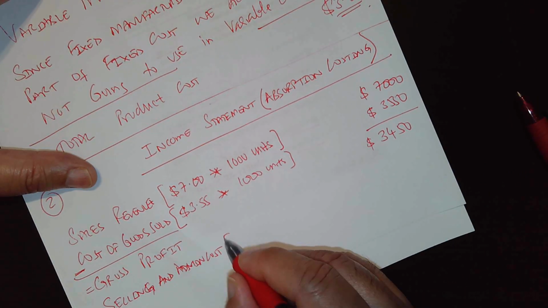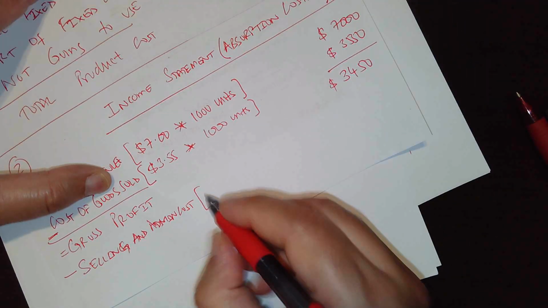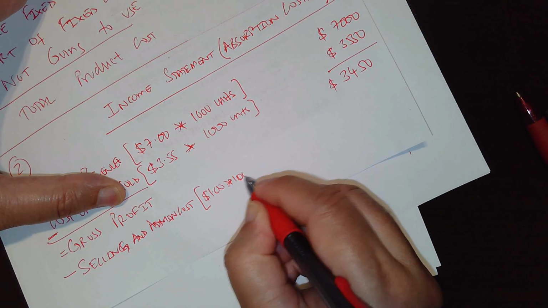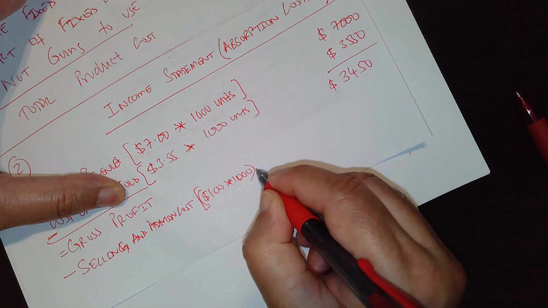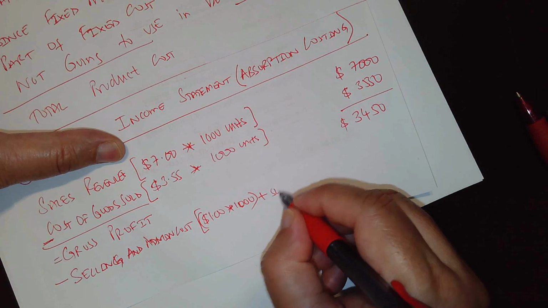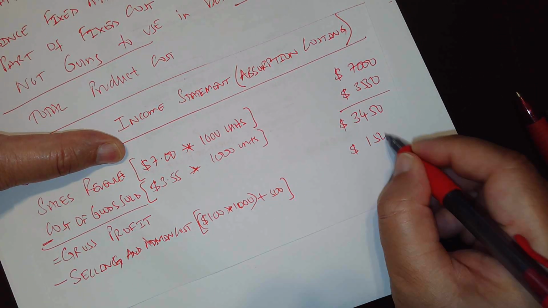You have $1 per meal sales commission, so we have $1 multiplied by 1,000 units plus the fixed part of the selling, which is 500. So 1,000 plus 500 is $1,500.